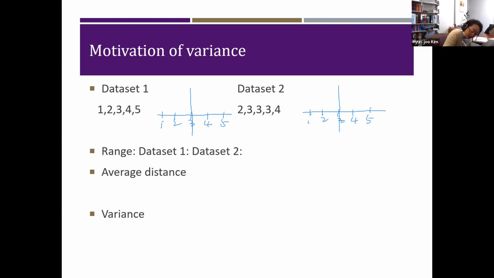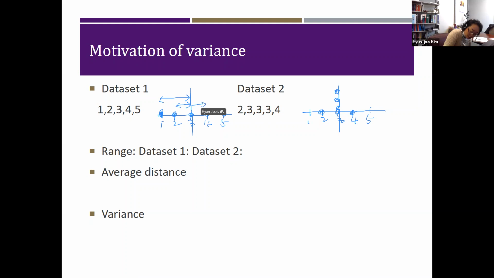So you can see the data point 1, here's your data point 1. Because there are 3 data points and then 4 points, this point 1 is this much far away from the center. This one, this much far away from the center.